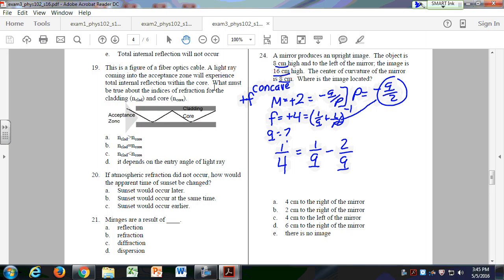But when I put negative Q over 2 in the denominator, it comes up to become negative 2 over Q. Let me write that over here. 1 over negative Q over 2 equals negative 2 over Q. All right, and then I solve for Q. 1 over Q minus 2 over Q is negative 1 over Q. So Q is equal to negative 4. So it's not B, not D, not E.